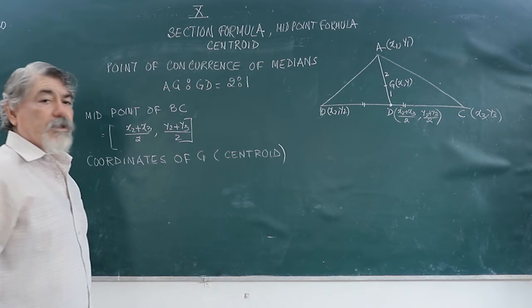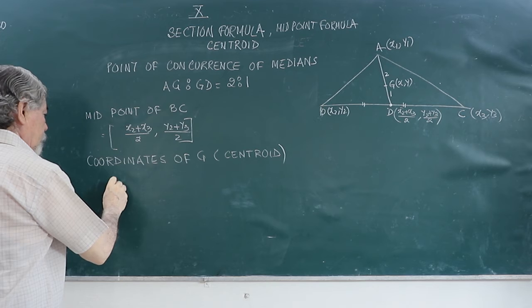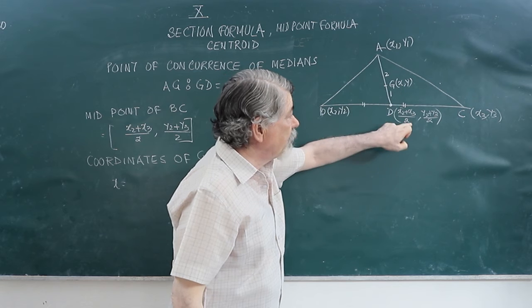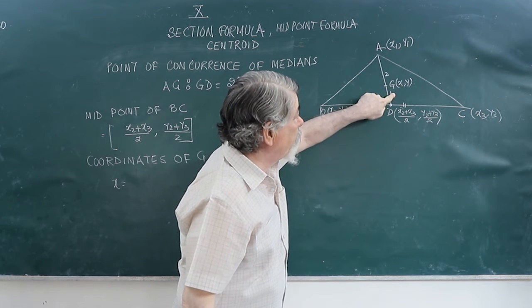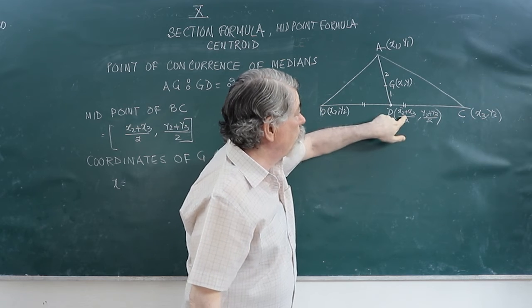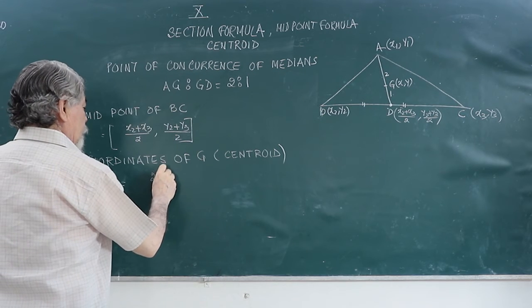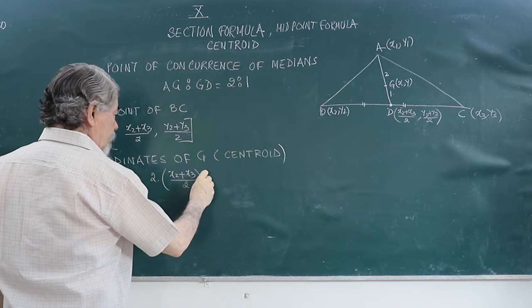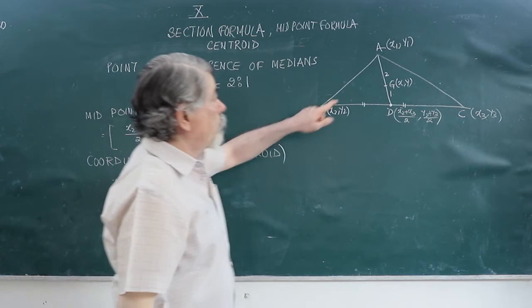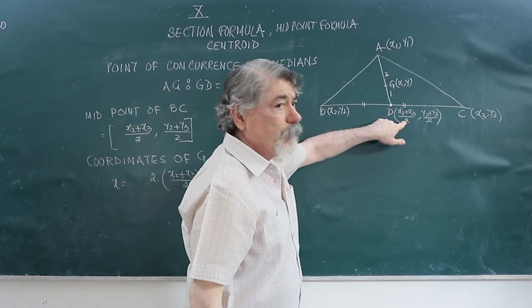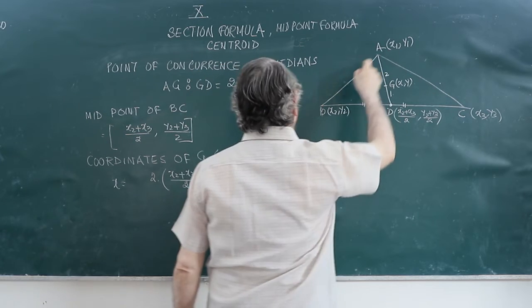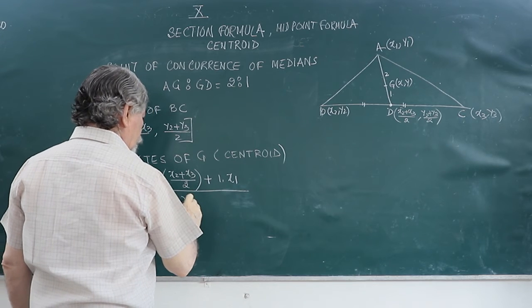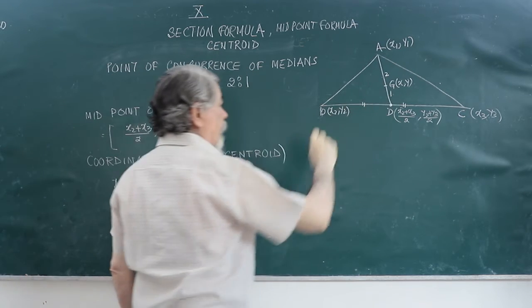How will I calculate the coordinates of the centroid? X will be, now we told you, multiply the ratio with the farthest side. 2 will multiply this side, 1 will multiply this side. So 2 into x2 plus x3 upon 2 plus, mx2 plus nx1, 1 into x1, upon m plus n, 2 plus 1. m is 2, n is 1.